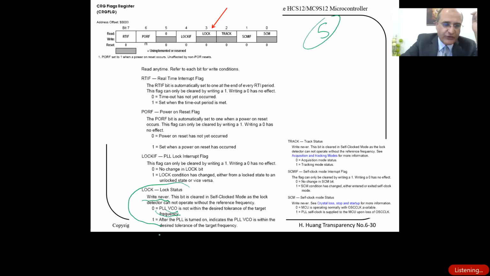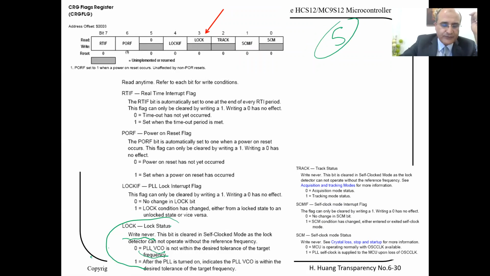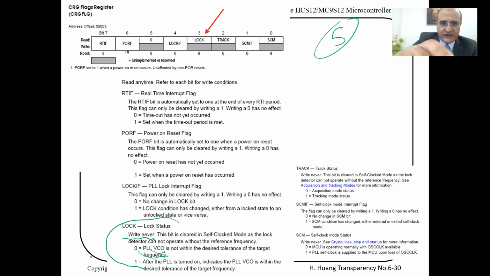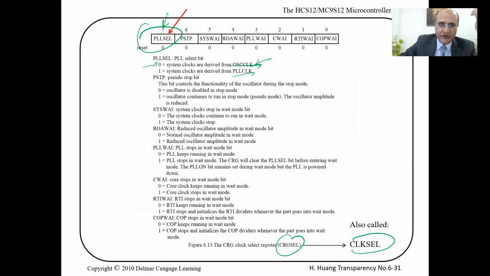We just keep waiting for it to become a 1 to start using it. So this is register number 5. We are not allowed to select the clock before this lock is 1. We need to monitor or watch this lock until it's 1. Then we select the clock and it's ready to be used.